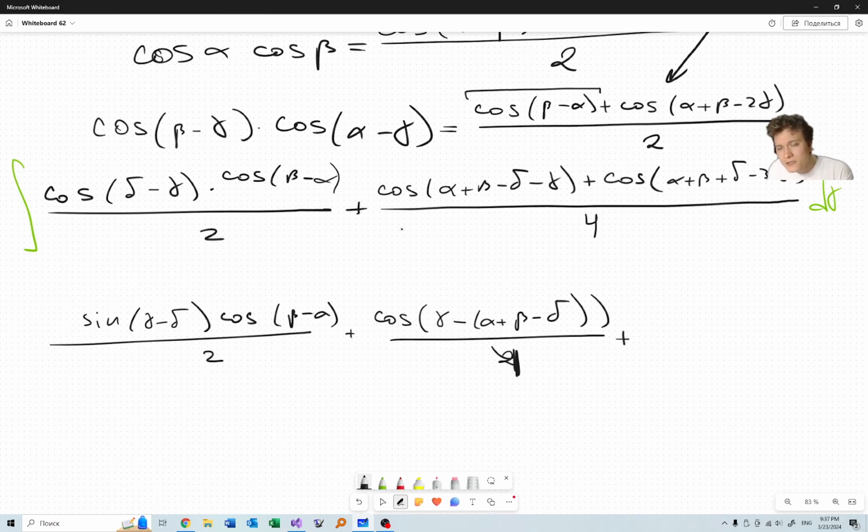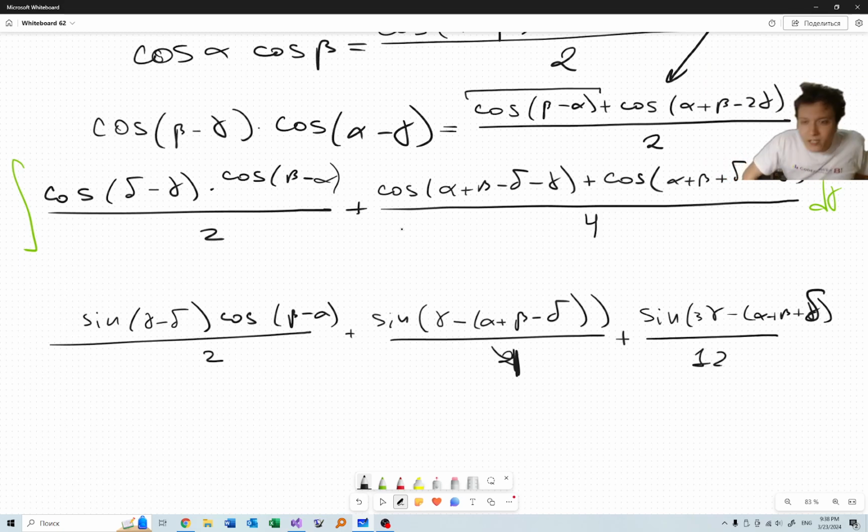And here it's a bit more tricky, because now it is cosine of 3 gamma minus alpha plus beta plus gamma. Okay, it's sine, of course, sine. And this time over 12, because you know why.